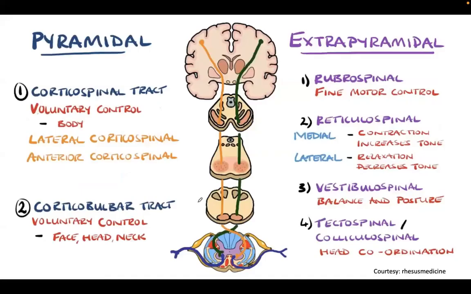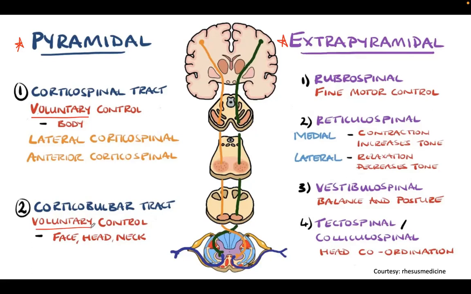Okay, now we have the pyramidal tract, and here we have the extrapyramidal tract. Always remember both the corticospinal and the corticobulbar are responsible for voluntary control.